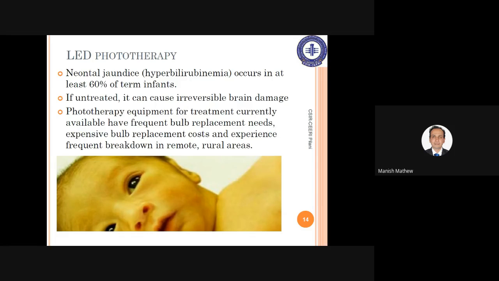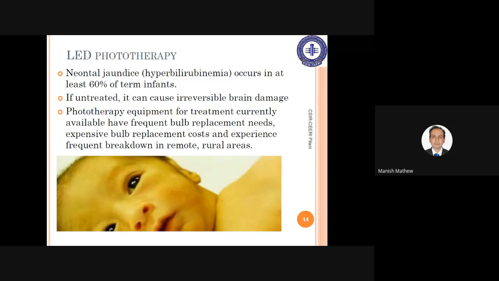In the Indian environment, an infant faces this neonatal jaundice. If it is not treated, it can cause irreversible brain damage, and also death.